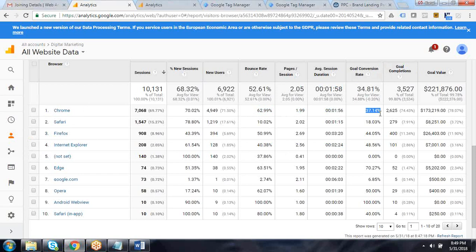From Chrome, it's 37.14, whereas from IE, it's around 48.56. And you see that this is the money that I'm making from my blog, around $221,000. Around 78% of that money is coming from Chrome, and around 3% of it is coming from IE browsers. Does it make sense to all?